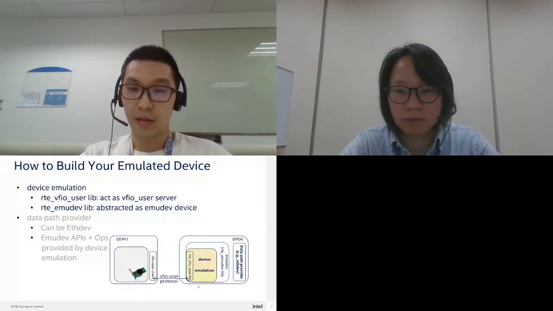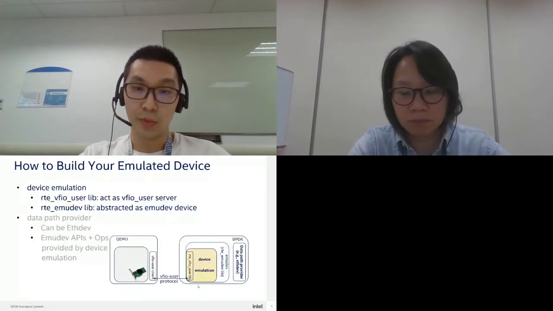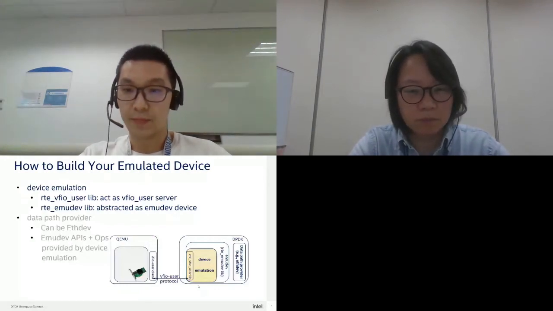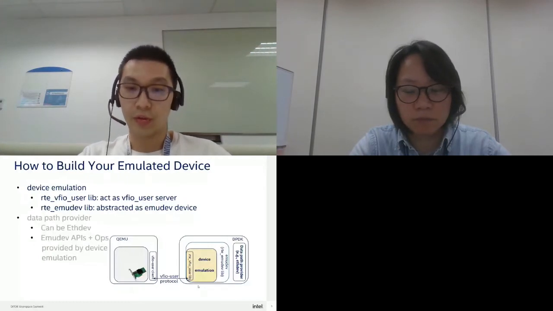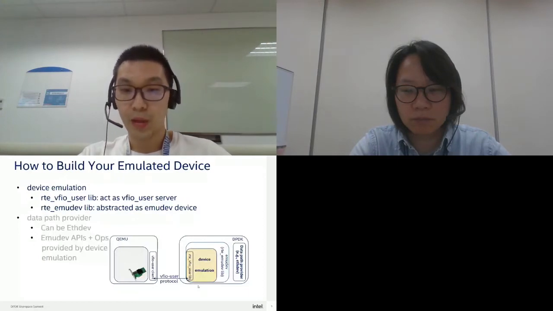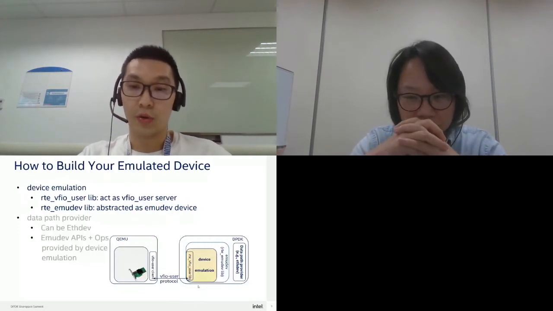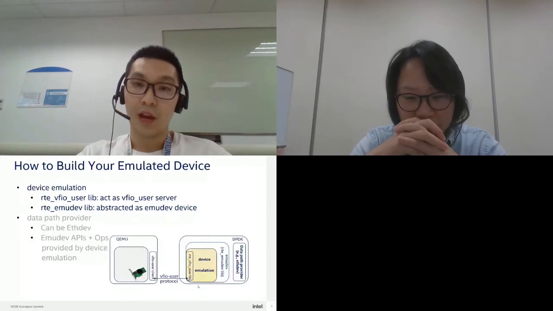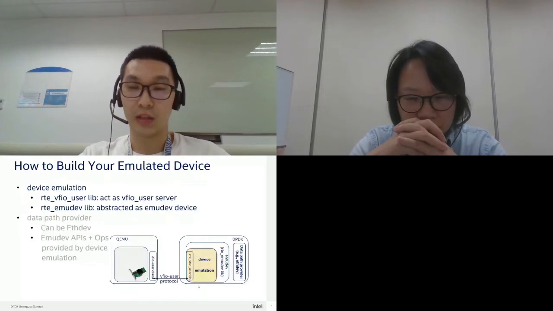You can see in the figure that VFIO-user has a client, potentially it could be QEMU, and a server, which could be DPDK. The VFIO-user client and VFIO-user server will communicate using the VFIO-user protocol, and QEMU as a VFIO-user client will use the VFIO-user protocol to get the device information from the server and configure the device.